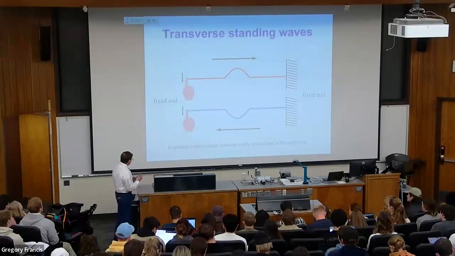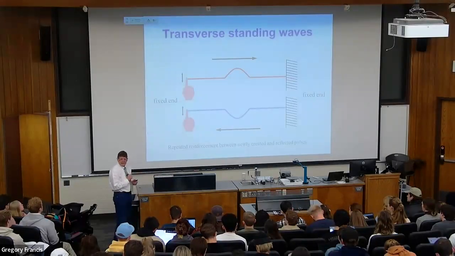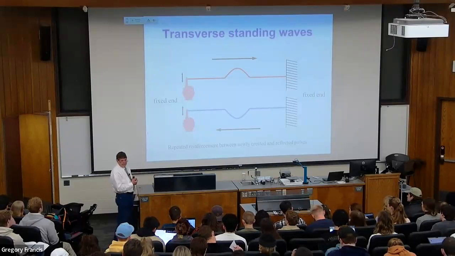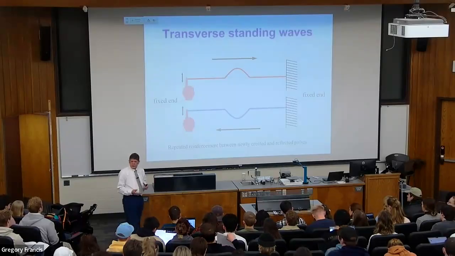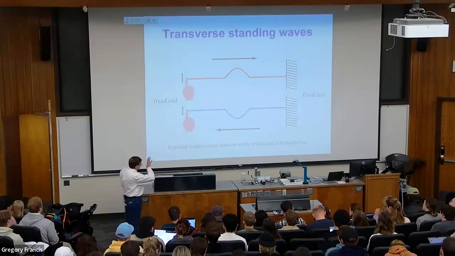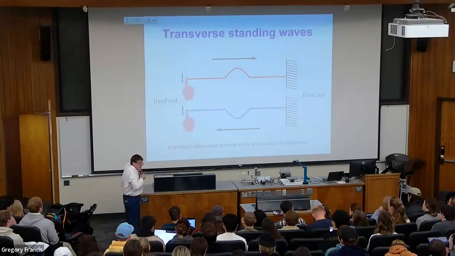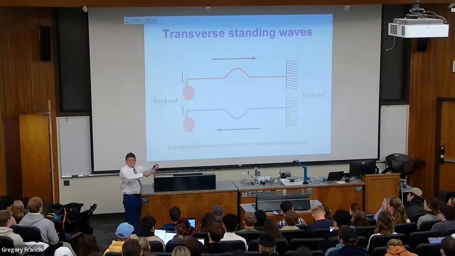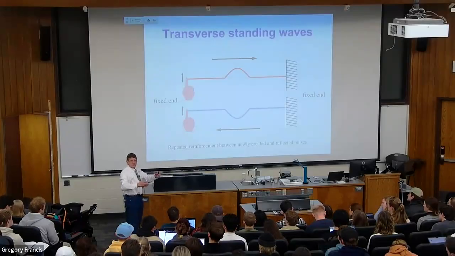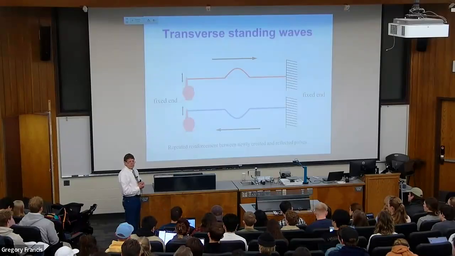And when it comes back to my hand, if my hand is really acting like a node, like a fixed end, it's going to invert again. And so this is just like pushing your brother or sister on the swing. Okay. If I wait until that pulse gets all the way down and back before I send another pulse, I'm putting energy into the system. And the amplitude gets bigger and bigger and bigger. And that's what we mean by a resonance.